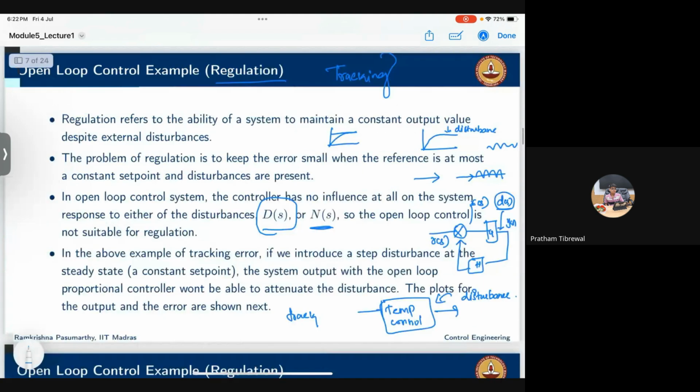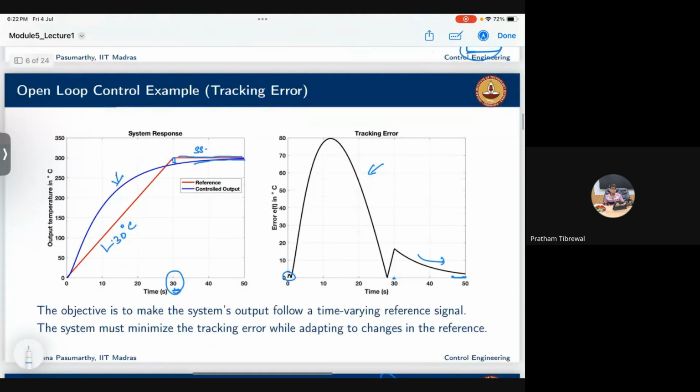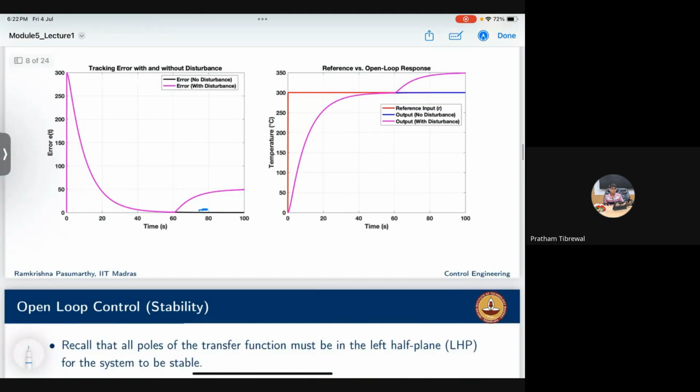It's just the same error plot they are tracking, they are plotting for the regulation here. This is the error without disturbance, where you can see it is almost zero, where you can say that it's tracking very well after the 30 seconds that we have considered. But if we introduce some disturbance, the error is getting increased. It is not being controlled properly.